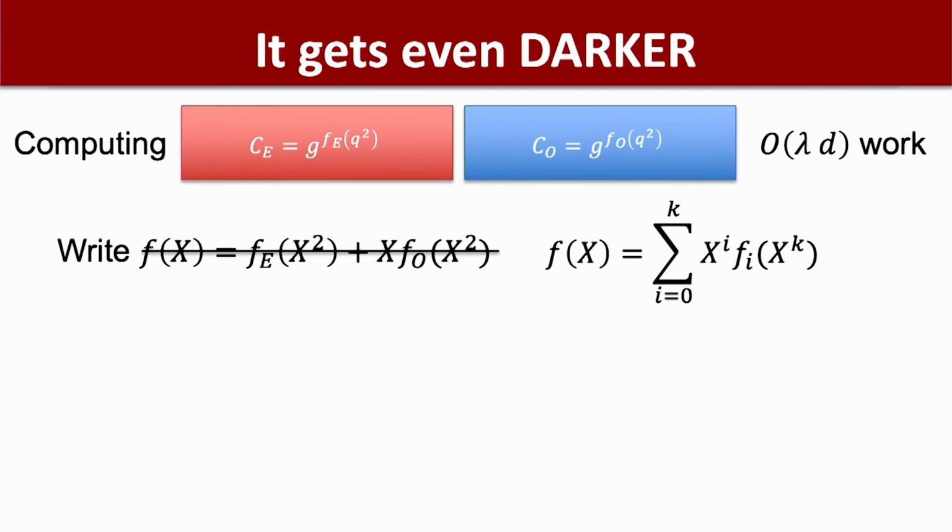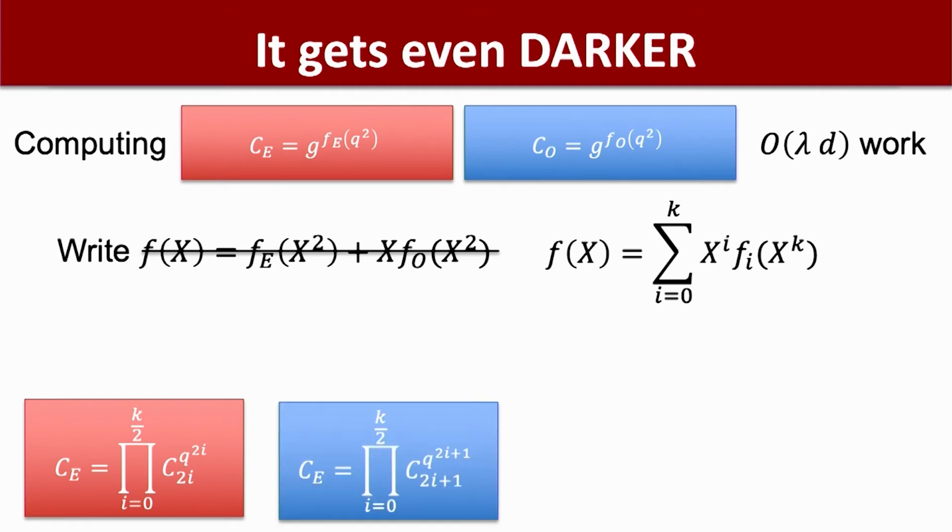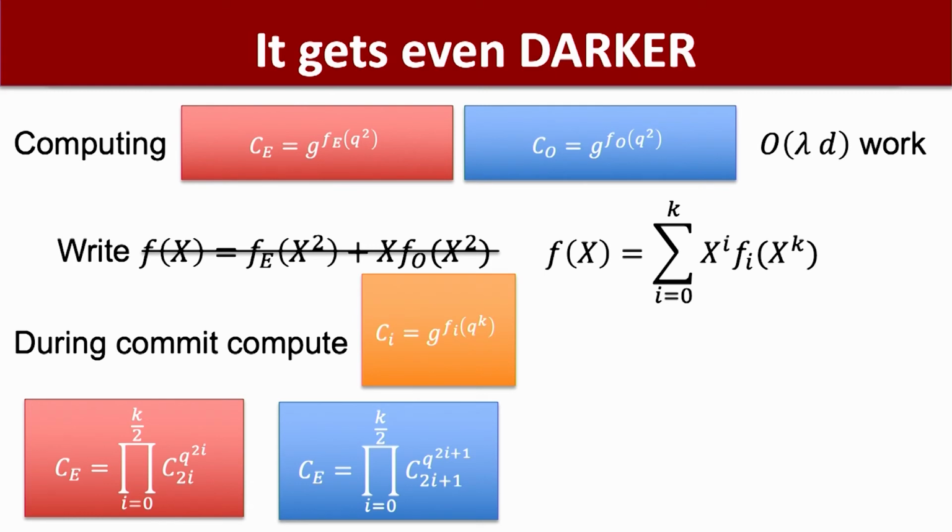So I split the polynomial into k parts, and while I'm committing, I'm doing some pre-computation. I'm computing all of these f_i polynomials and committing to them. During the commit, I pre-compute the commitments to these sub-polynomials, and then I store them. During the protocol, from these c_i, I can reconstruct whatever commitments I need.